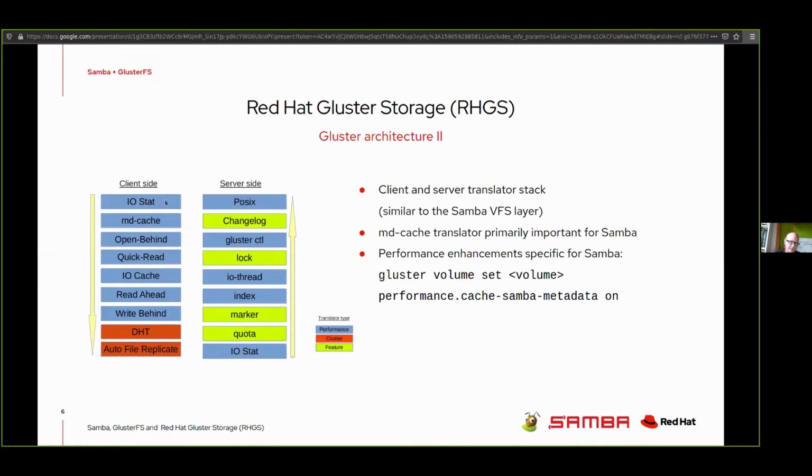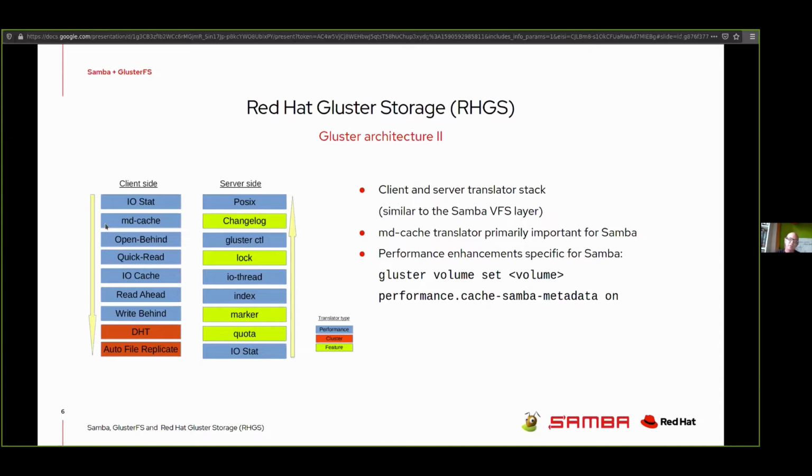On the client side, the MD cache translator is really the one which is the most prominent one, because it needs to take care of providing caching functionality for all these heavyweight metadata operations, which Samba is doing. So, for example, inside this translator, there's an implementation which is specifically addressing the needs for Samba.